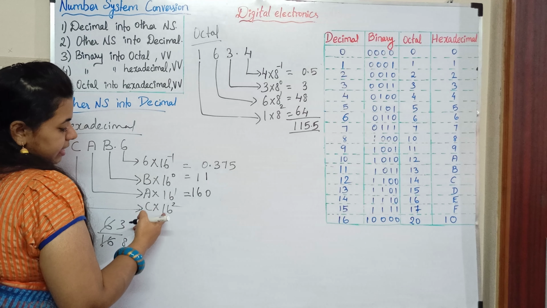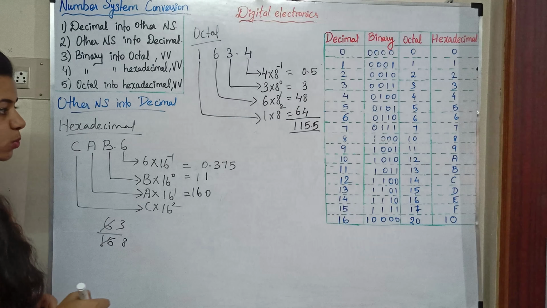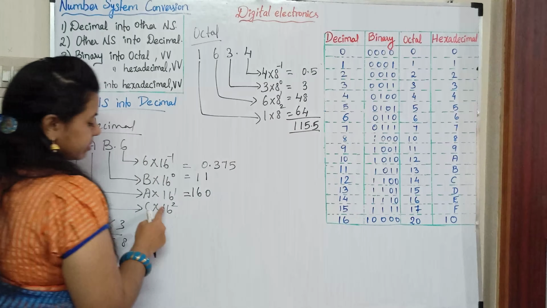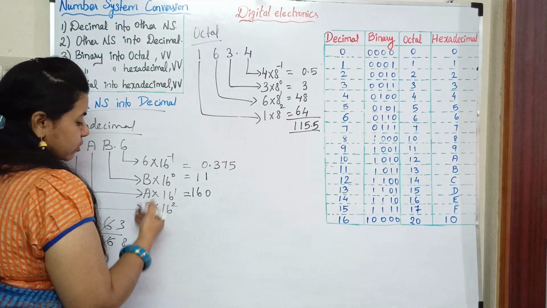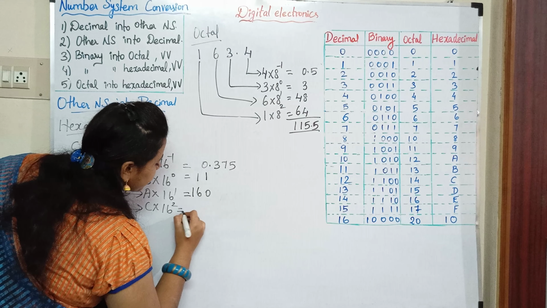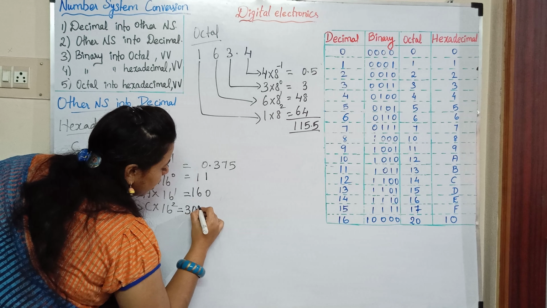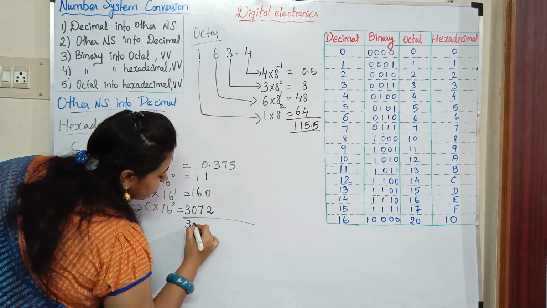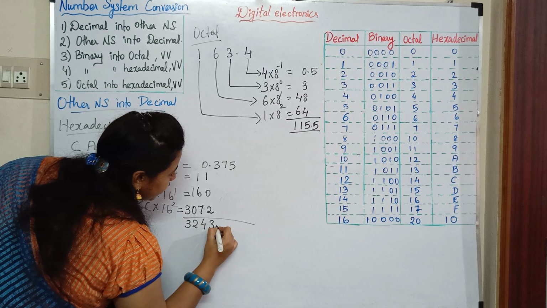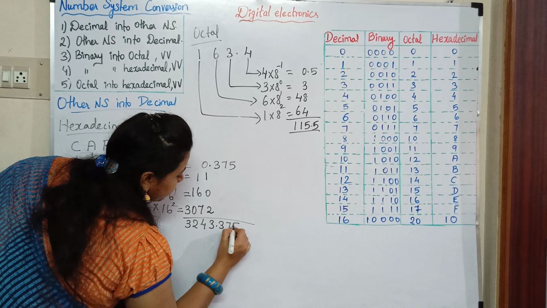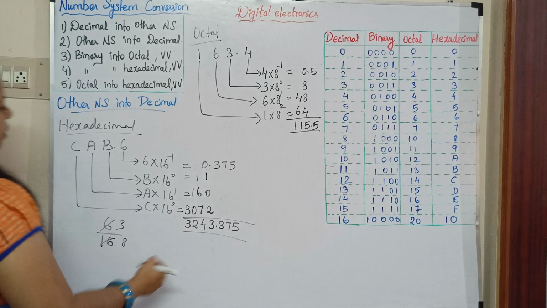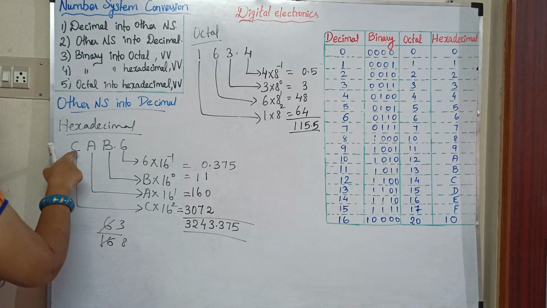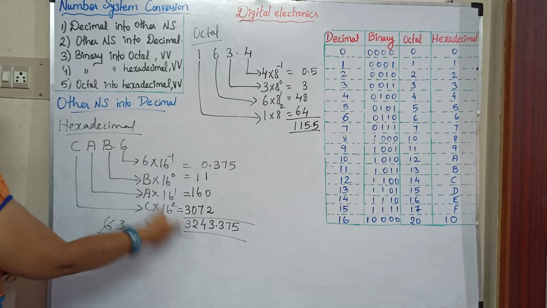Next, C into 16 to the power 2. What is the C value? 12. 16 square is 256, so 12 into 256 is 3072. So the total is 3243.375. This is the decimal equivalent of the hexadecimal CAB.6.